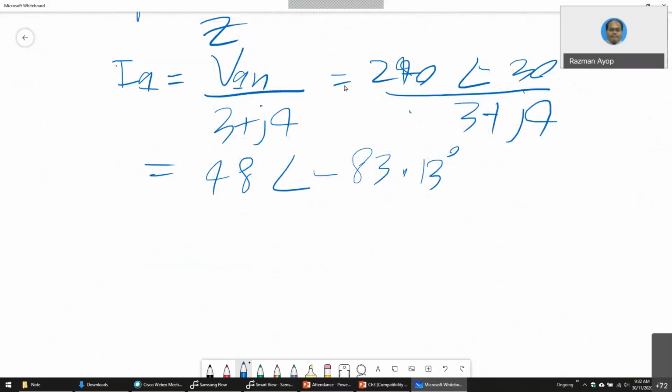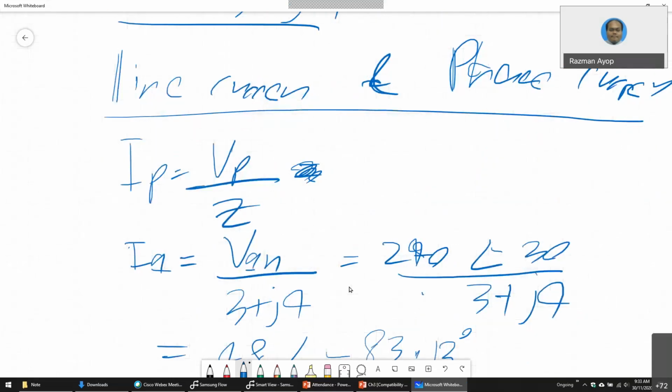Make sure you write that line current IL is equal to IP. Make sure you show this. If you just use the formula without it, you don't show the other answer. Make sure you state that phase current is equal to line current.